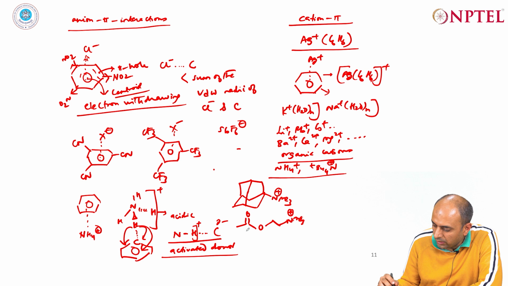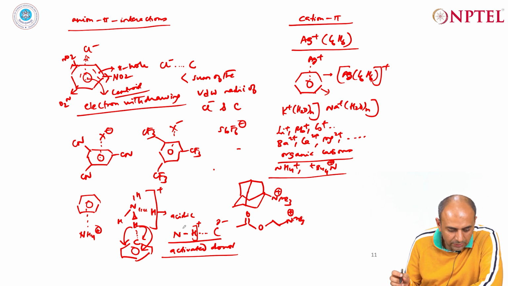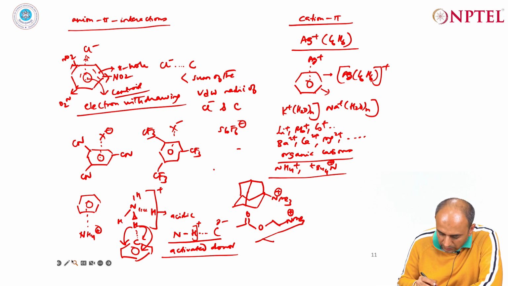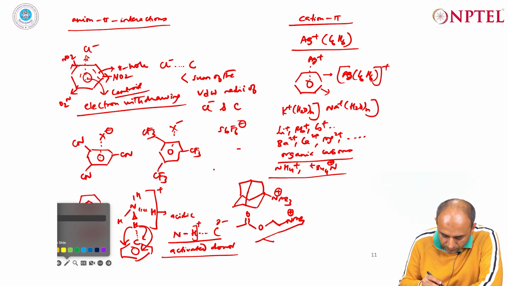We can consider an ester which is having a side chain trimethyl ammonium species. So, we can have all these types of cations which can interact with benzene, which can interact with the benzene nucleus.